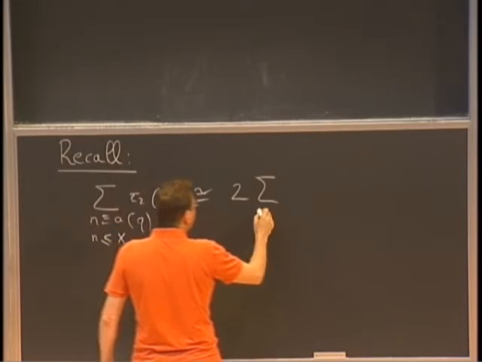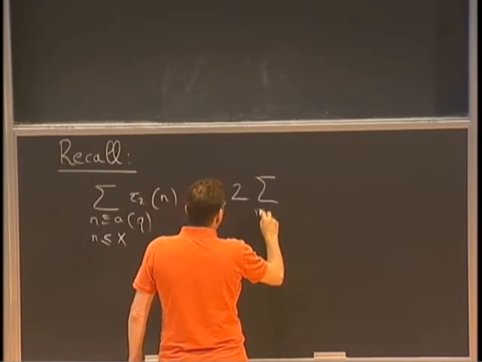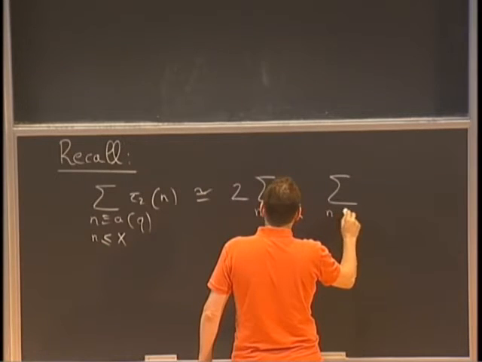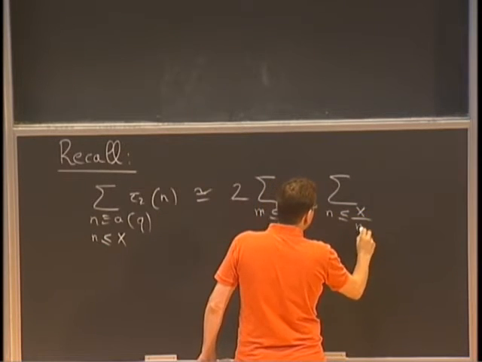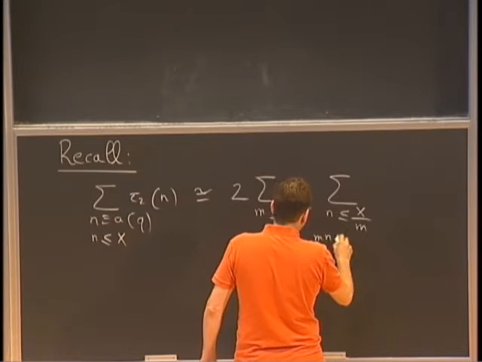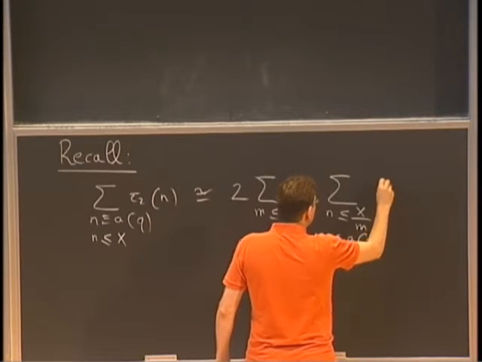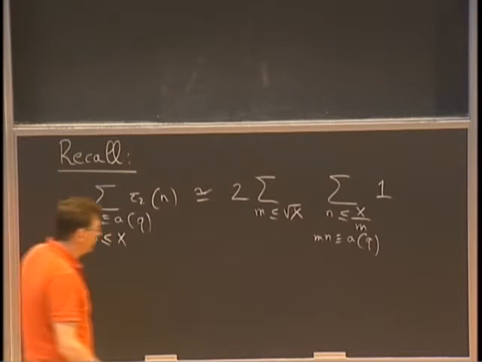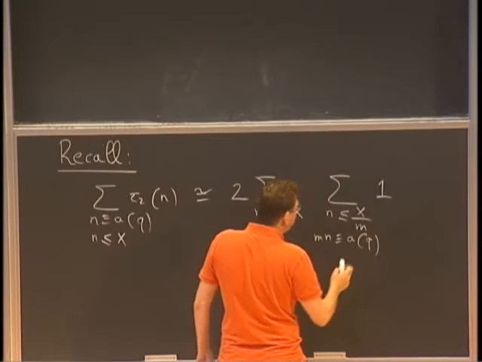So it's approximately the sum over n up to square root of x, and then there's a sum over an interval of just the ordinary function 1, and then one tries to replace this by main term plus error term.